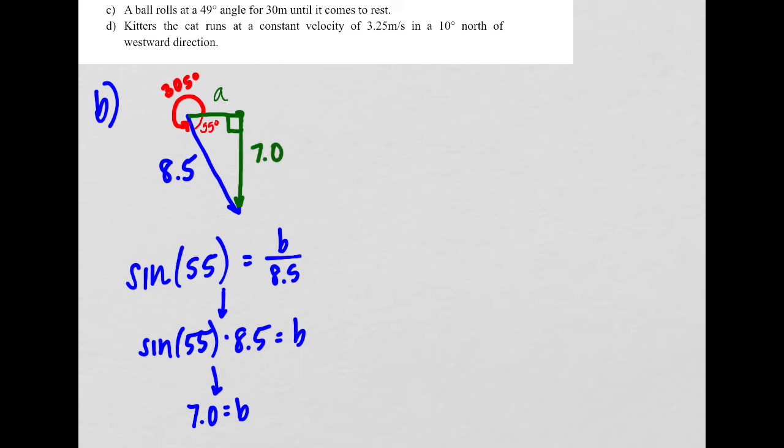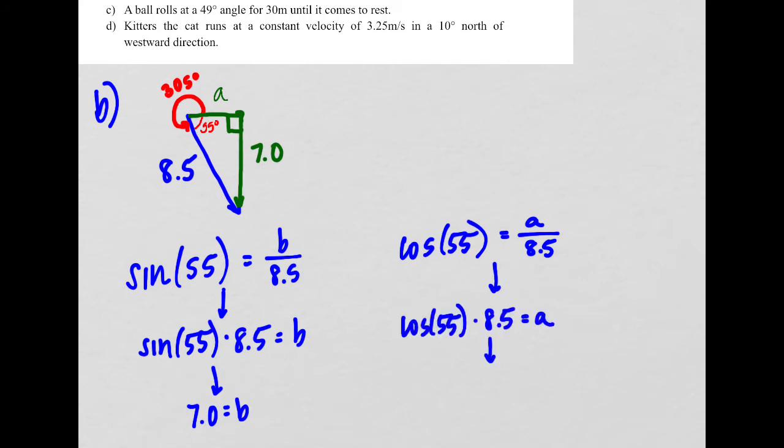Now to find A, cosine of 55 is equal to the adjacent divided by the hypotenuse, which is 8.5. When I rearrange all of that, I get that A is equal to 4.9 kilometers. So there is 4.9, my answer and my diagram for 2B.